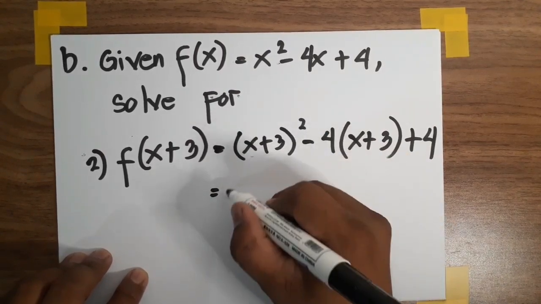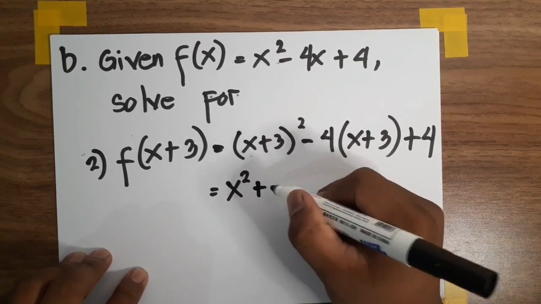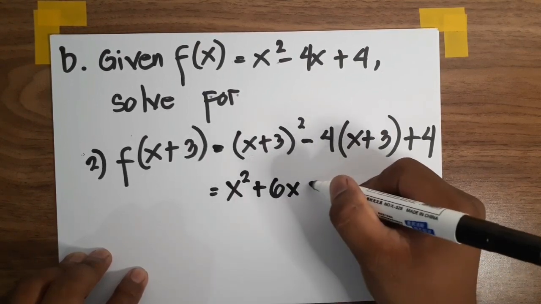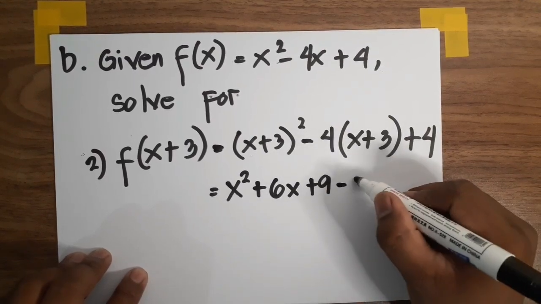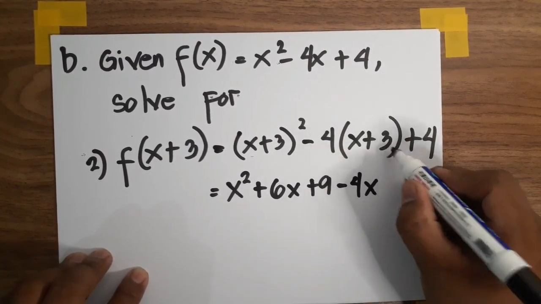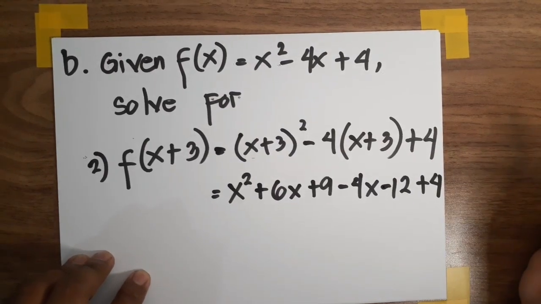Simplify, x plus 3 squared is equivalent to x squared plus 6x plus 9. You can use the FOIL method. Negative 4 times x is negative 4x, minus 12 plus 4.